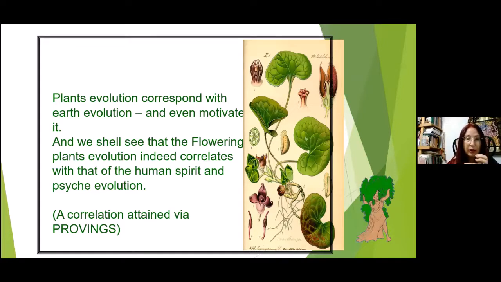Then they started to change, and animals had to change and adapt. So plants are all about evolution. And we shall see that the evolution of flowering plants, when we use provings to take out the symptoms, indeed correlates with that of human spirit and human psyche evolution.